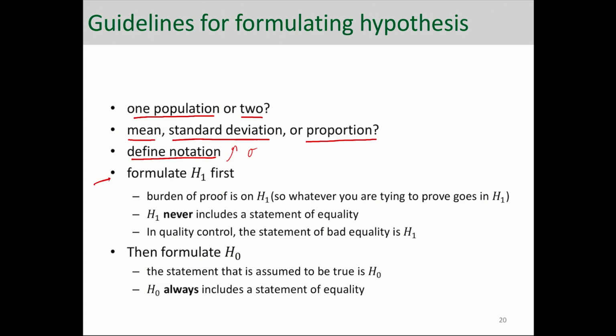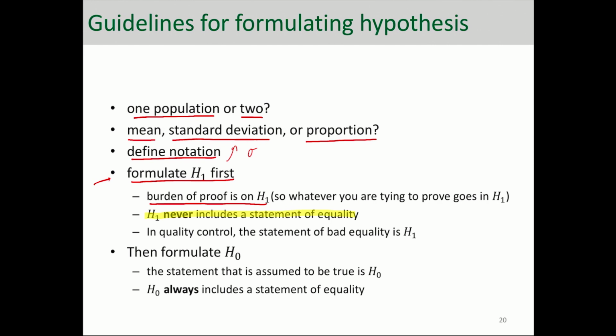Then the next step is to formulate your alternative hypothesis first. Something very important here is that the burden of proof is on the alternative hypothesis. Whatever you're trying to prove goes to H1. If you're trying to prove that the GPA is more than a certain value, then that's your alternative hypothesis. Along the same line, a very important point, and often a point of mistake, is that H1 never includes a statement of equality.